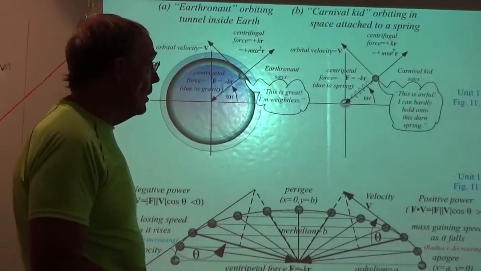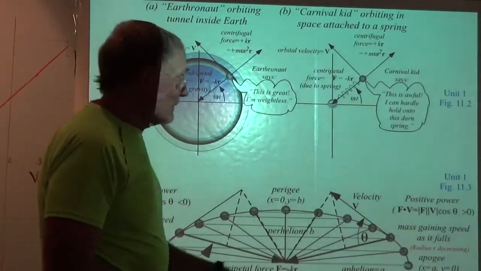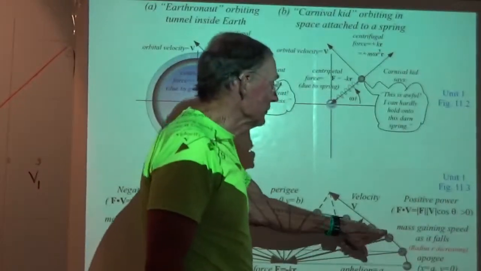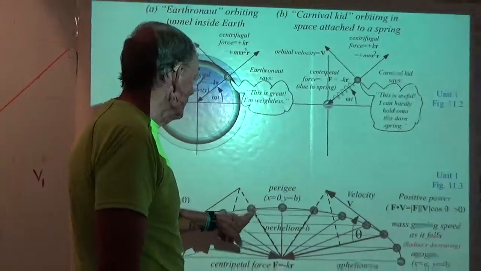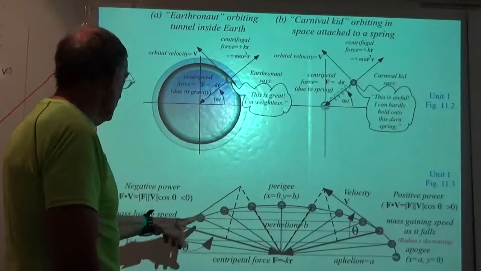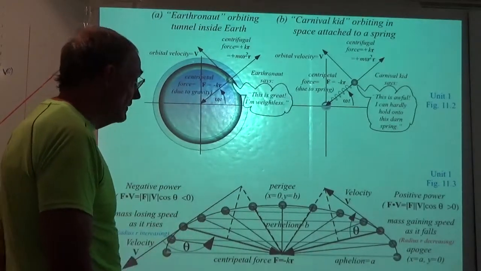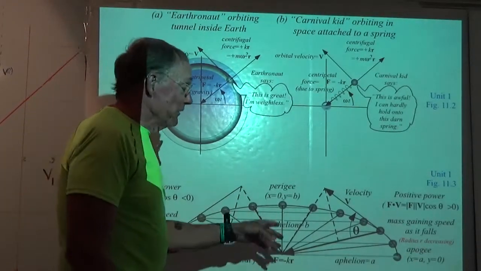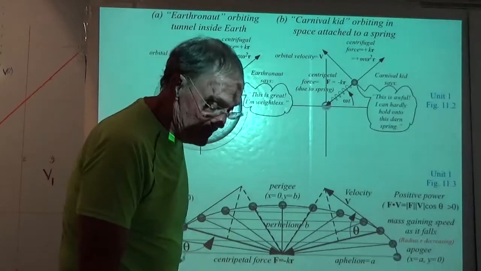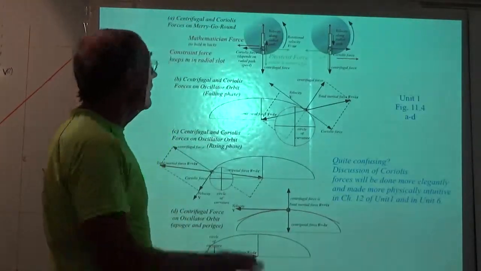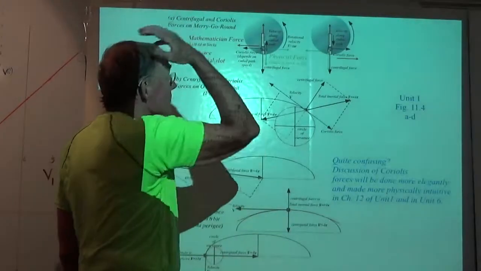Now, we've already talked about this. Mass gaining speed as it falls, mass losing speed as it rises. There's a third kind of force here that is worth discussing. Now, when you look at it from this point of view, it's pretty simple.